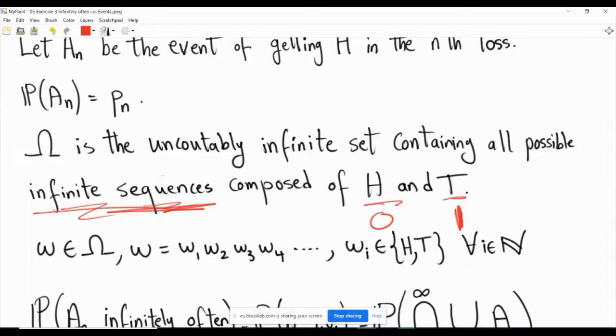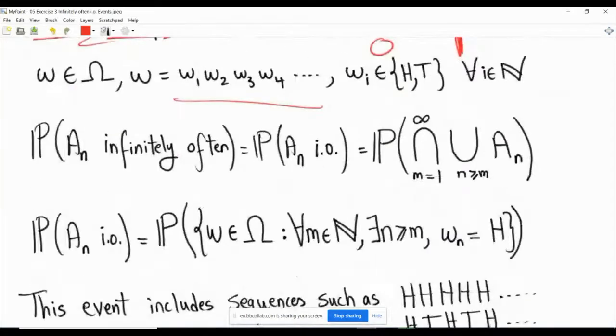So each element in big omega is an infinite sequence of H and T. Big omega is uncountably infinite, and you can say that the cardinality of big omega is a small c. Now to the definition. What is the probability of A_n infinitely often? A_n means obtaining a head in the nth toss, and typically this is what you will see: A_n i.o., infinitely often.